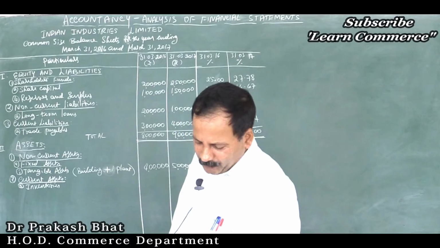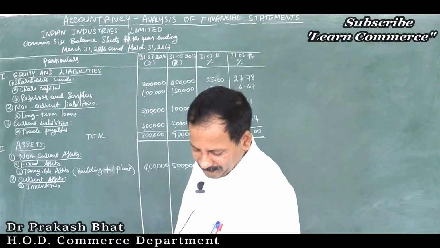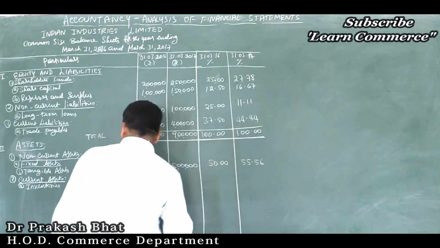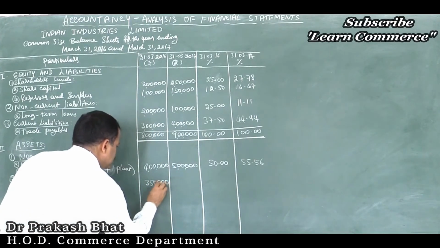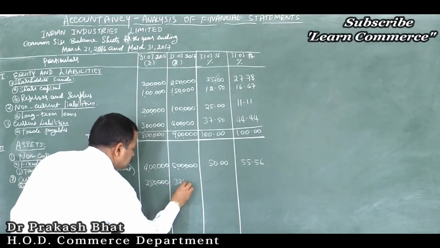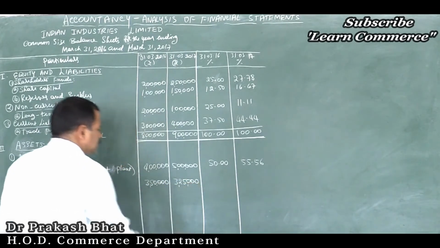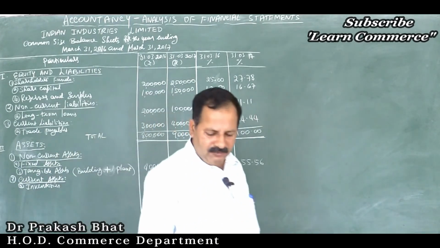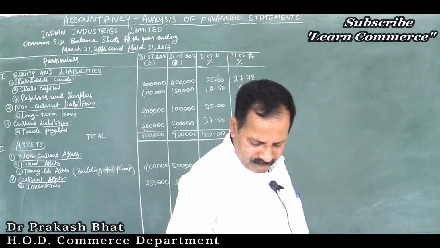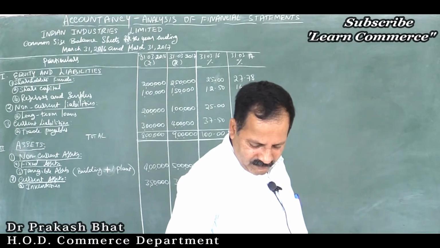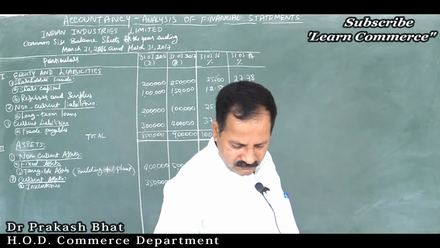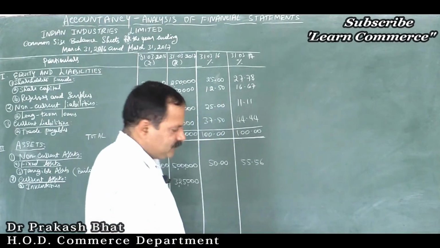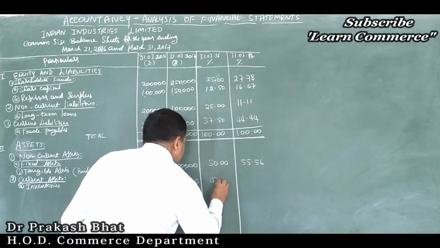Inventories 3.5 and 3.25 lakh, right? Yes. Calculate 3,50,000 into 100 divided by 8 lakh. 43.75.